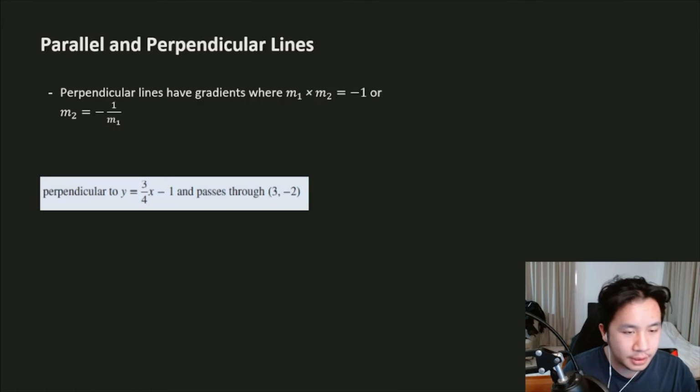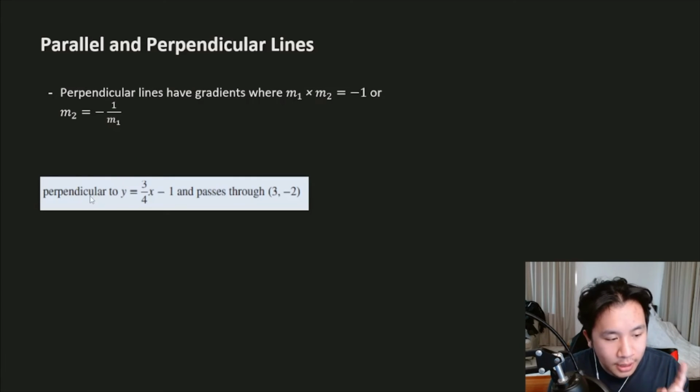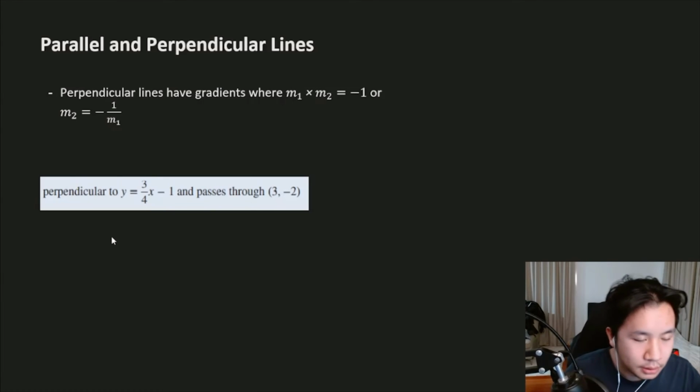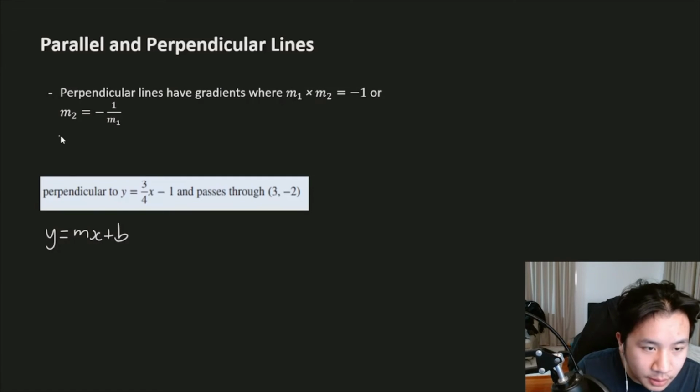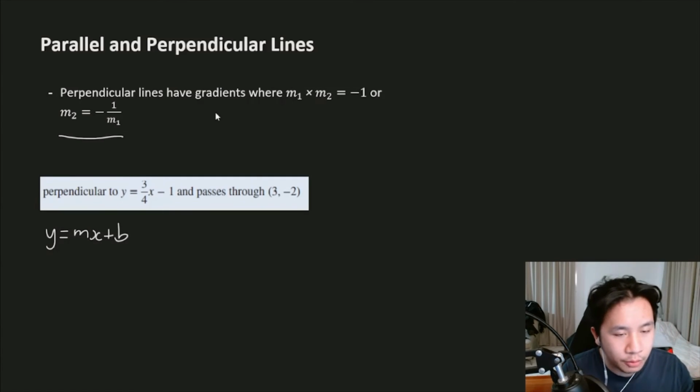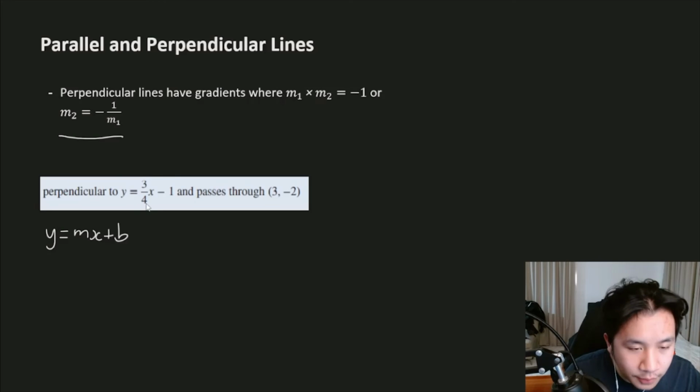All right, let's look at a perpendicular question. Let's say a question asks you to find a line that's perpendicular to y equals 3 over 4 x minus 1 and passes through the point (3, minus 2). Same thing as the parallel lines question, I'm going to be using this formula and this formula as well. What we know is that the gradient of this line is 3 over 4.